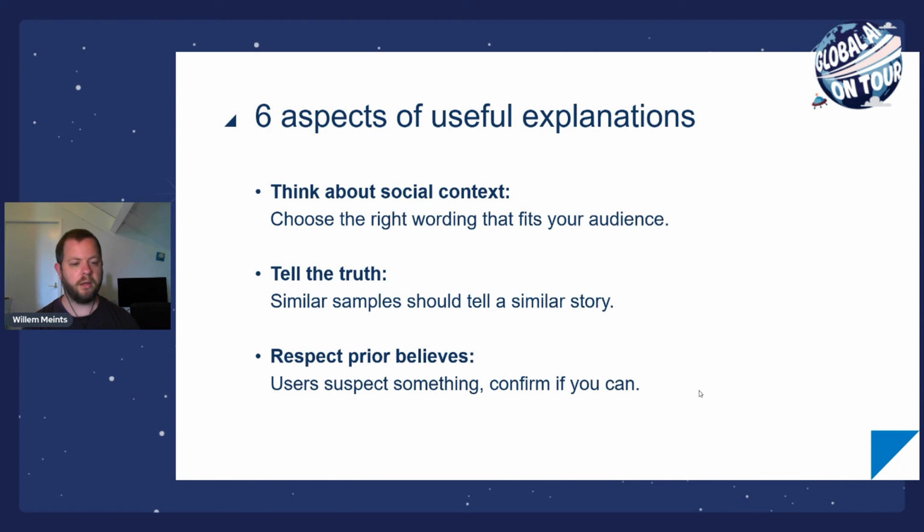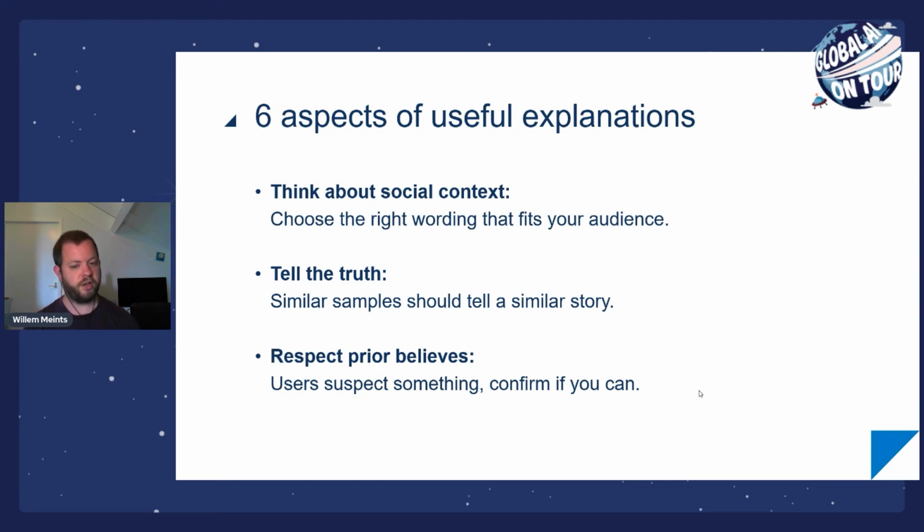And the final one in my list is respect prior beliefs. And this sounds really weird. So if somebody suspects something, for example, I've been declined this loan because I have another loan that I can barely afford to pay for, then they know that it's probably the loan amount that's going to be a problem. And if you can, in your explanation, you should be able to confirm that.